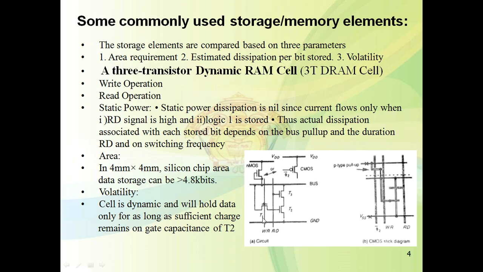For write operation, we have to make the write line high, so that transistor T1 will be on, and we have to make the read line low. For write operation, read should be low and write should be high. Whatever data is on the bus will be stored onto the gate capacitance of T2, and after that we make T1 off, write 0, so the data will be stored in the gate capacitance of T2.